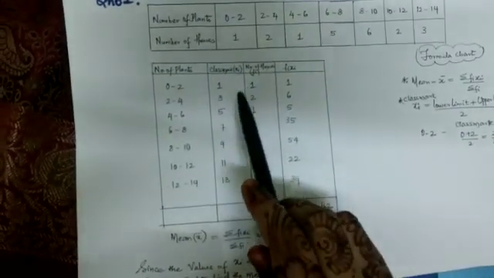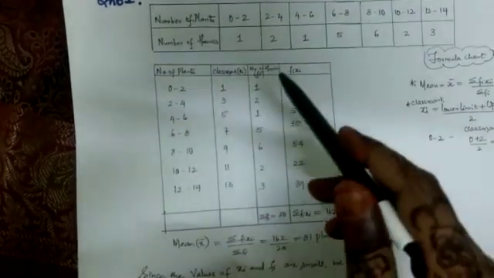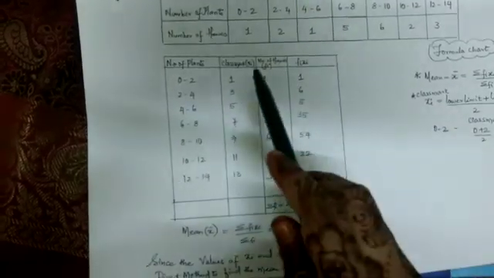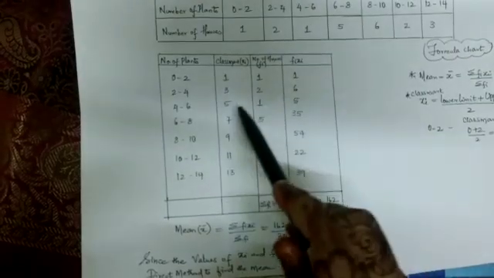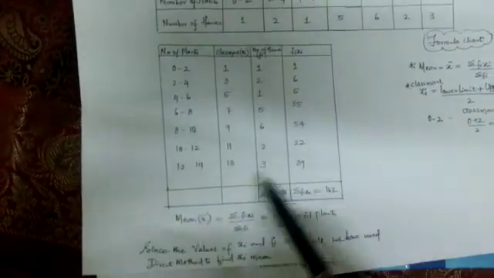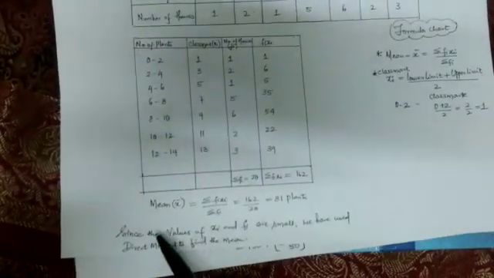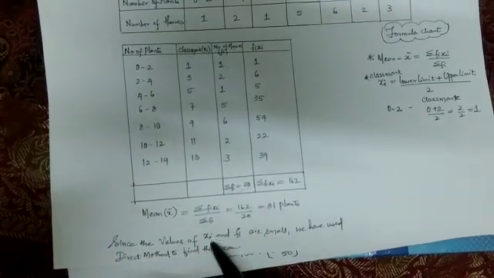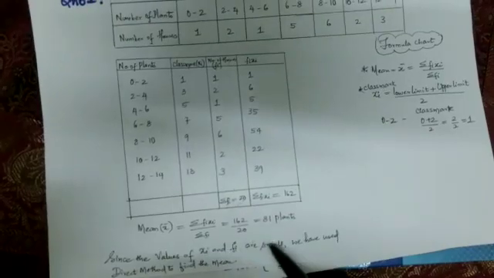A 2-digit number by 1 digit is okay, or 1 by 1 digit is also very okay. So here 1 by 1, 3 by 6 and all, you are able to get the answer directly. So what reason will you give if this question is asked to you? Since the values of xi and fi are small, we have used the direct method to find the mean.